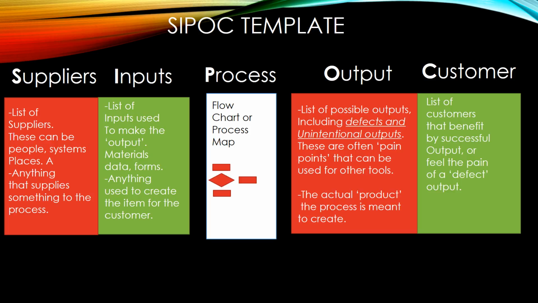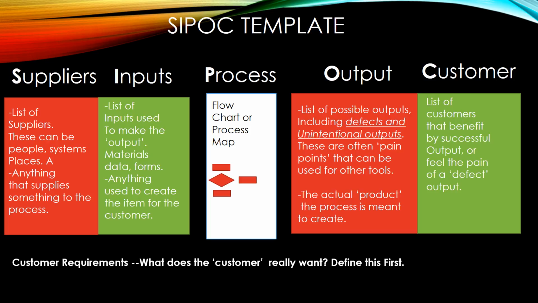So this is going to be anyone that feels the pain of a defective, faulty product, or anyone that enjoys the benefit of a well-executed product. Their requirements are key to designing the new process. We have to understand what it is they really want before we can design a new process to deliver it.